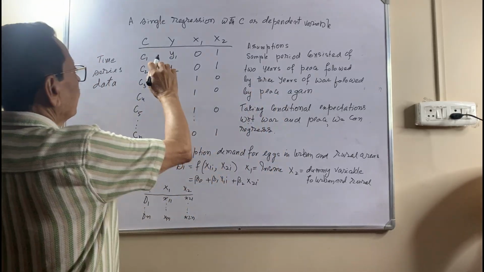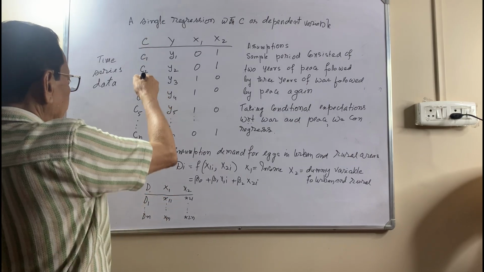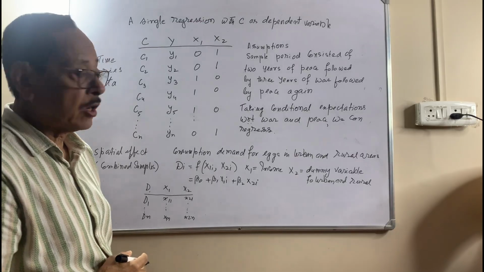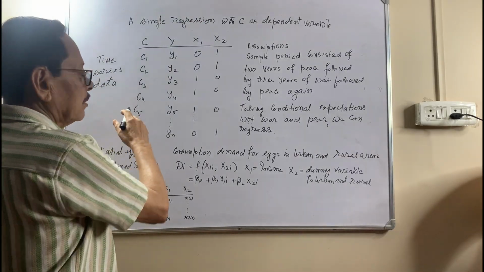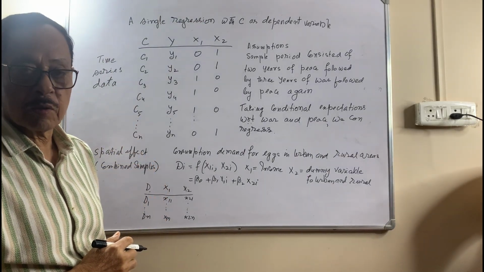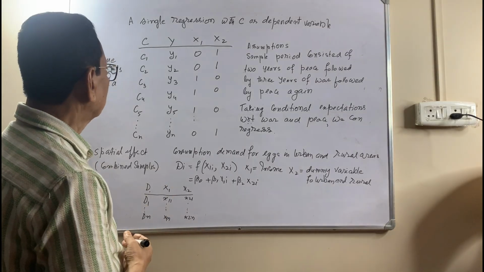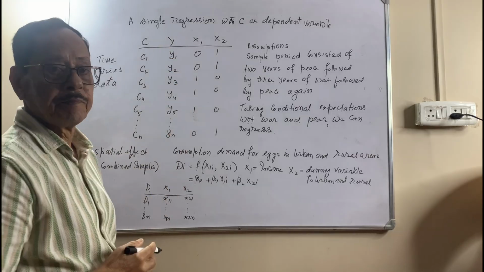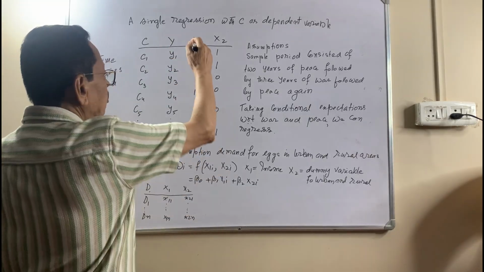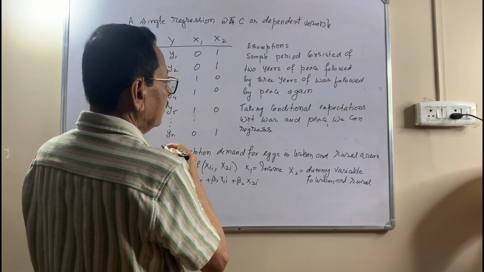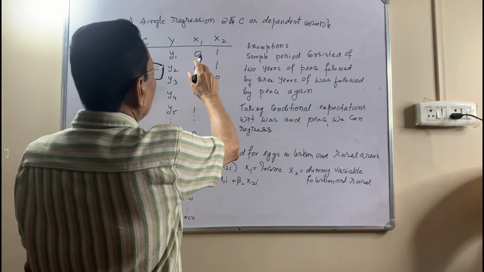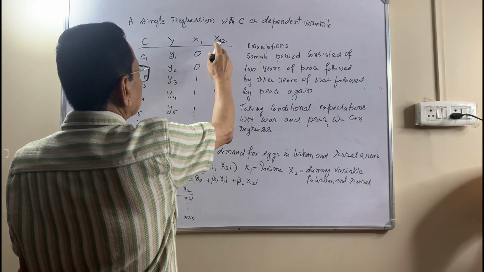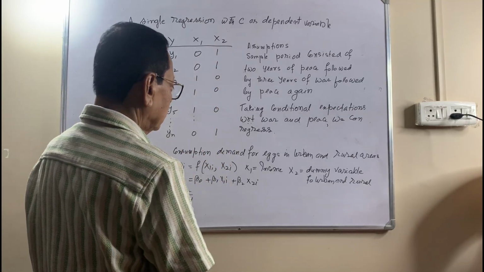So how to put the data? Consumption level, say per capita consumption, we will record in the time series data over 60 or 70 years of a country or of a state, whatever may be, and say per capita income. X1 is the wartime, and X2 is the peacetime that we have already discussed.